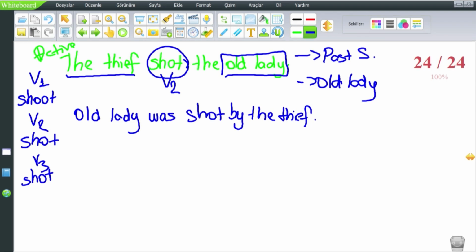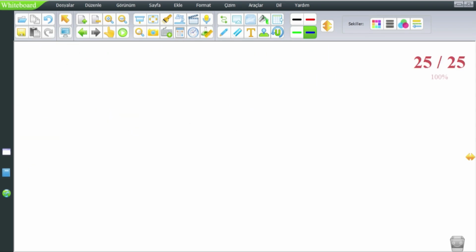Actually, this is a pretty easy topic for you to understand because we have the same structure in Turkish. Also, this is one that I like, this particular example, because it's my favorite book actually.